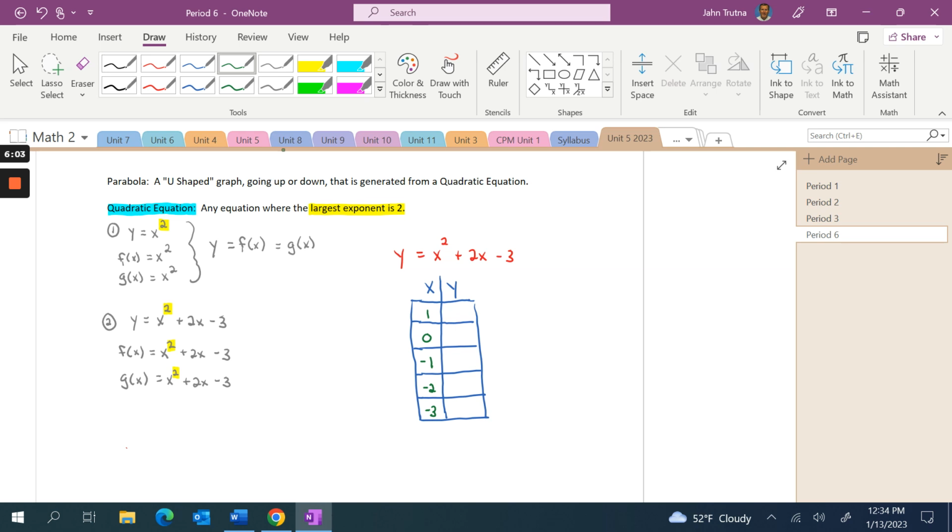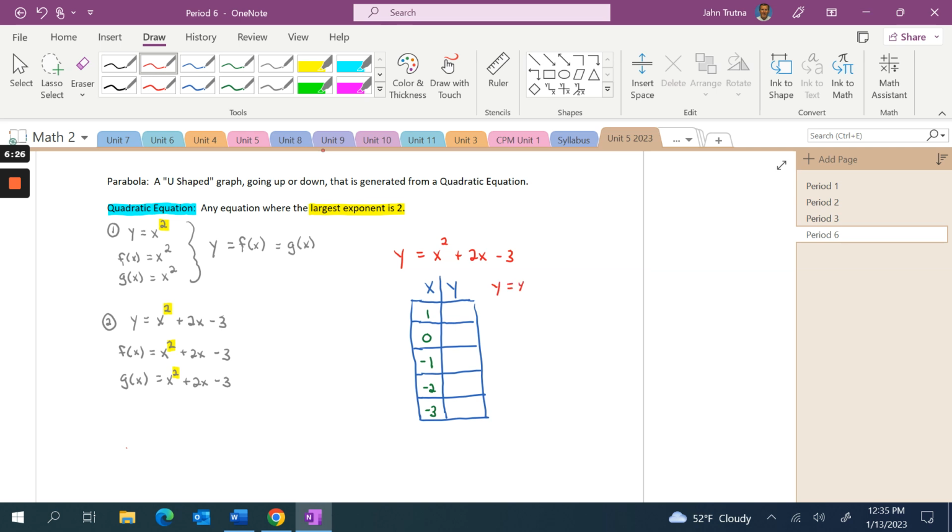Okay, now what we're going to do is figure out the very specific value that is going to go in each one of these y boxes for the corresponding x value. And how we're going to do that is we're going to use the concept of substitution.